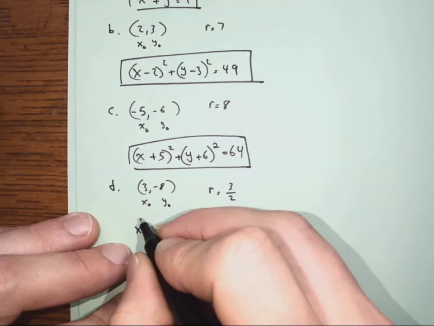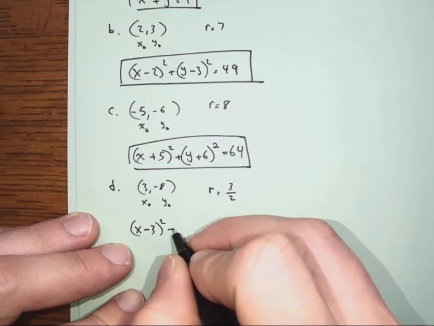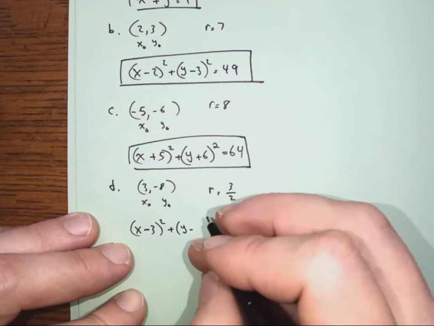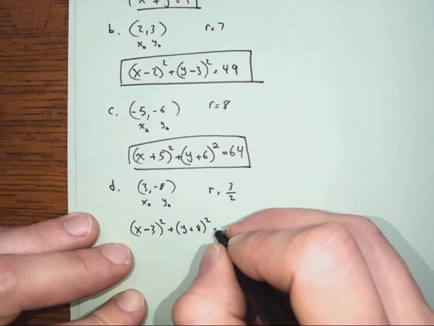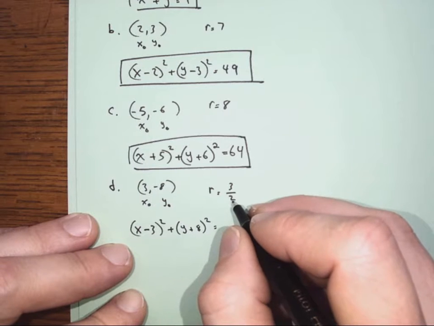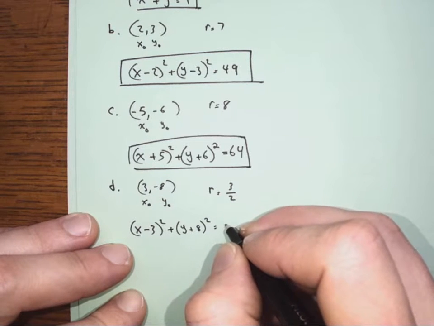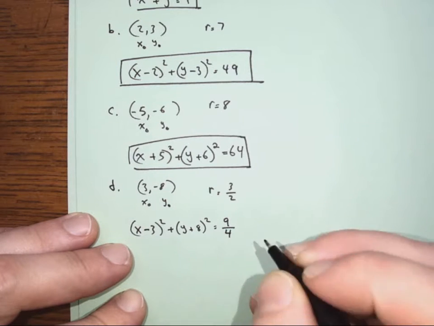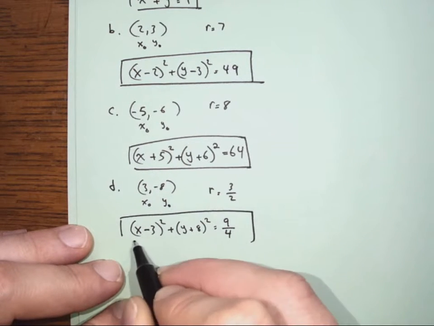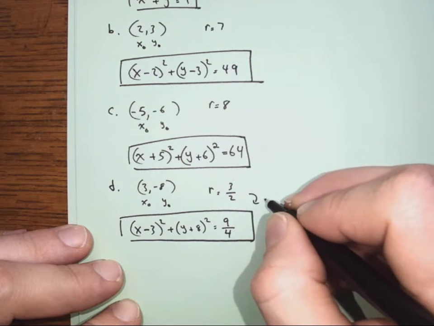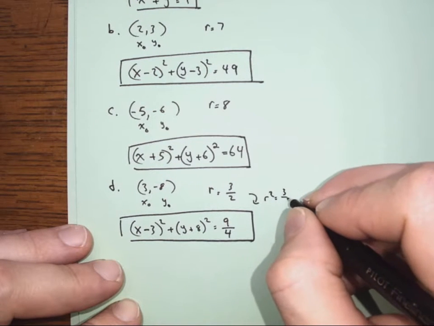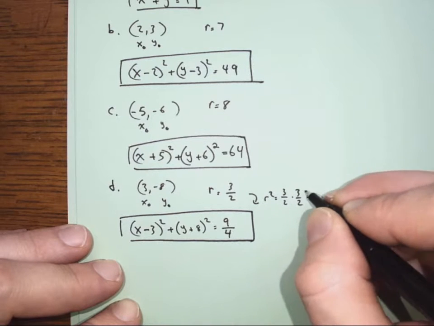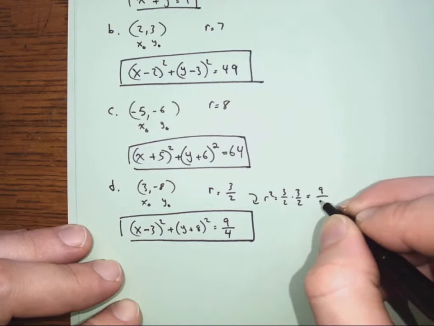X take away our x naught, which is 3, square it, and we're going to add our y take away a -8, which is y plus 8, square it, and that's equal to 3/2 squared, which is 3/2 times 3/2. 3 times 3 on the top is 9. 2 times 2 on the bottom is 4. So r squared is 9/4.